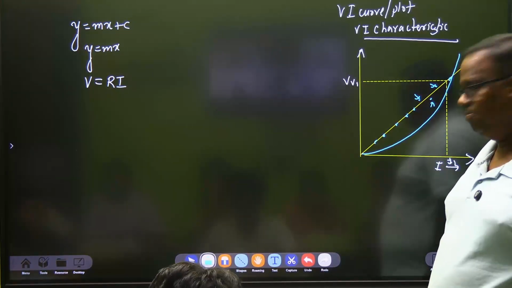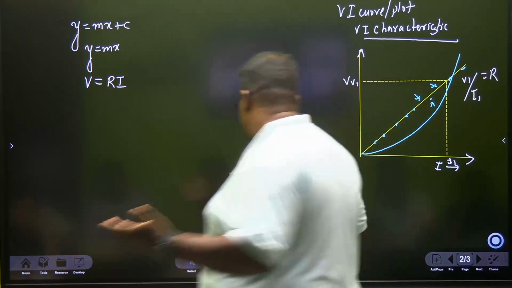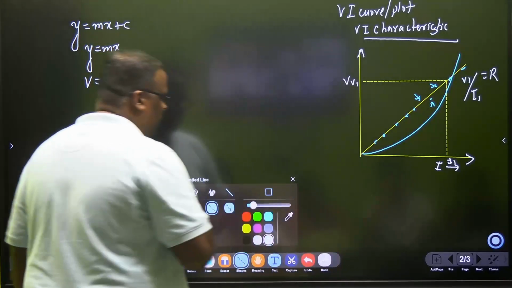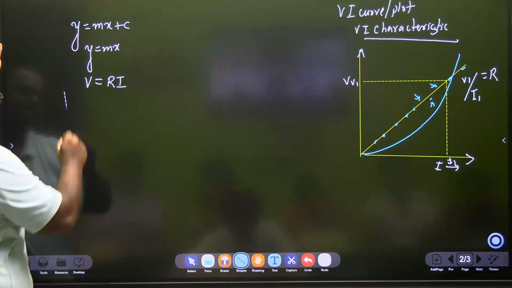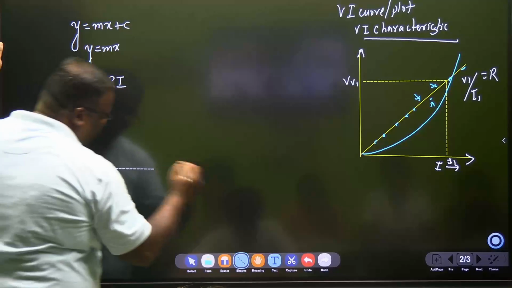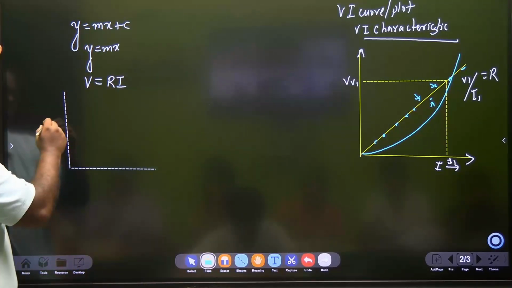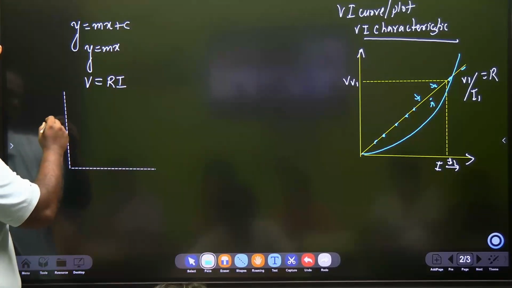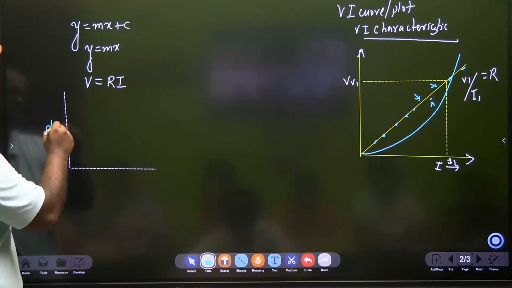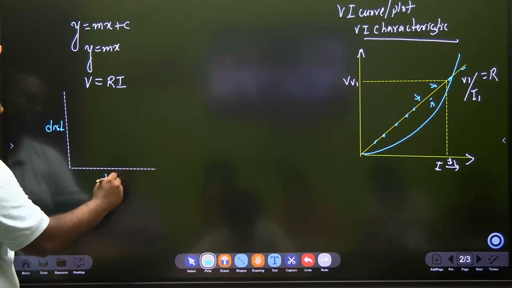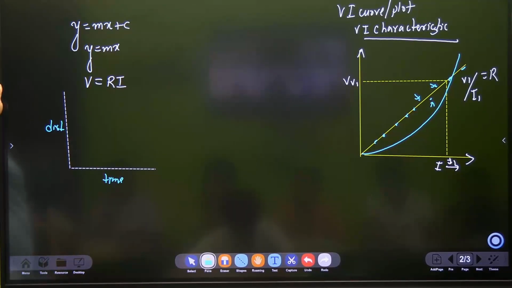Itna samajh mein aaya? Now, the types of questions that we actually see are something like this. Let's see your graph knowledge from grade 9. Suppose this is a distance and time graph. What will the slope give me? The slope will give me speed, right?